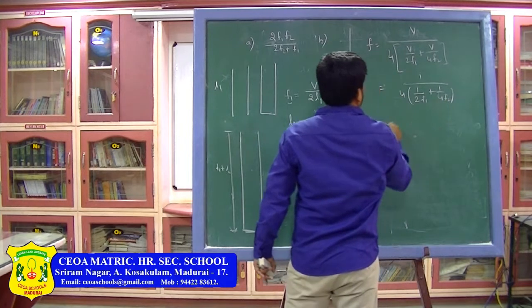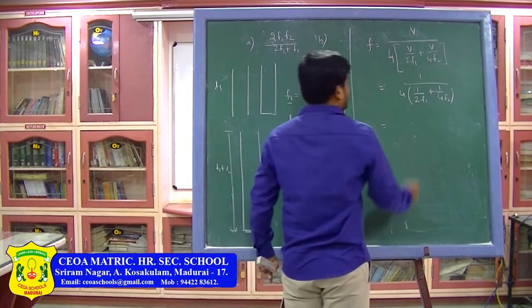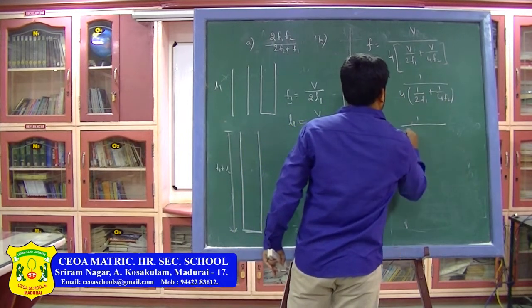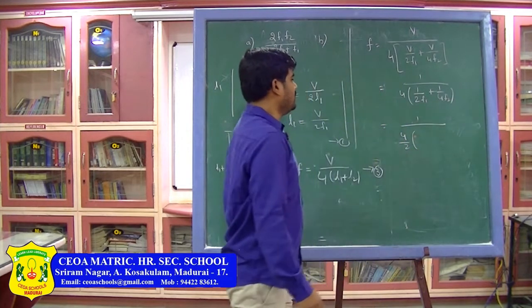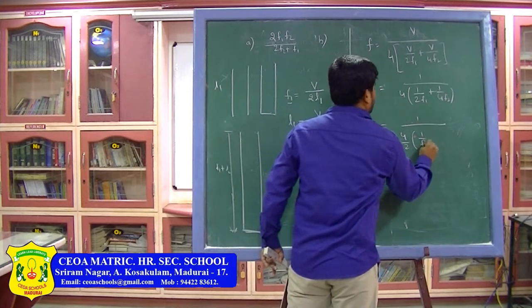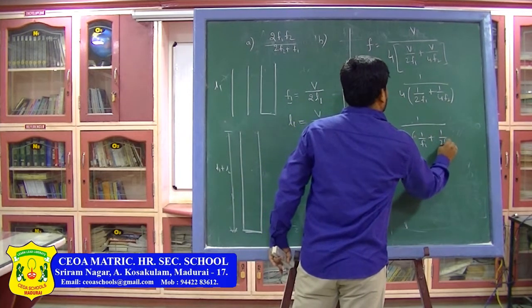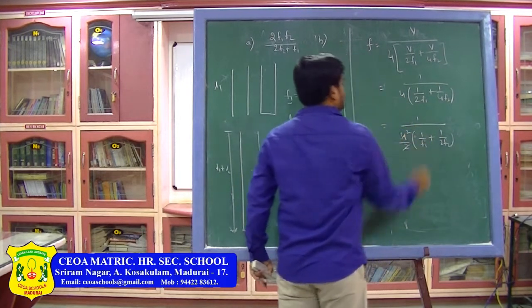Now, taking LCM and simplifying this, you will get 1 by 4 into, so you can take 2 common in the denominator, so 4 by 2, and then this will be 1 by f1 plus 1 by 2f2. So here the 2's will cancel.